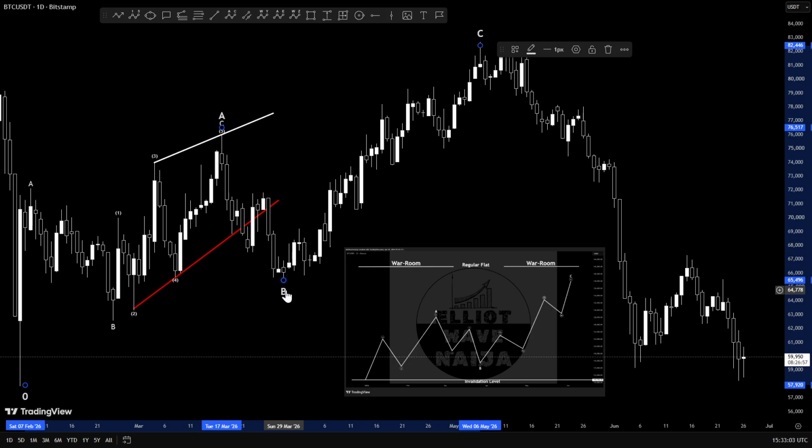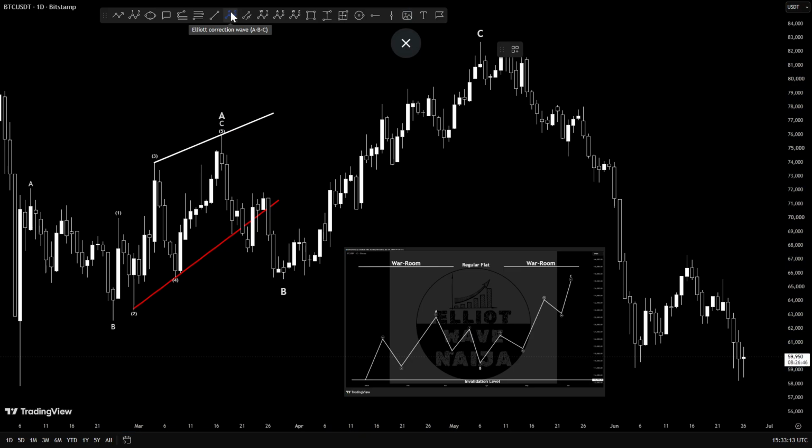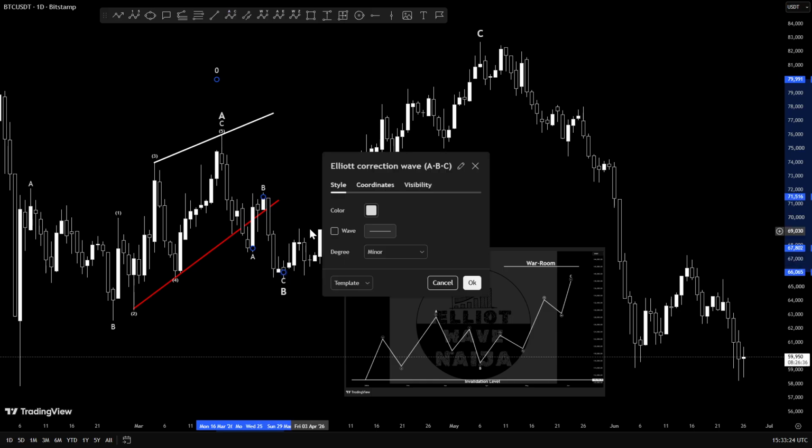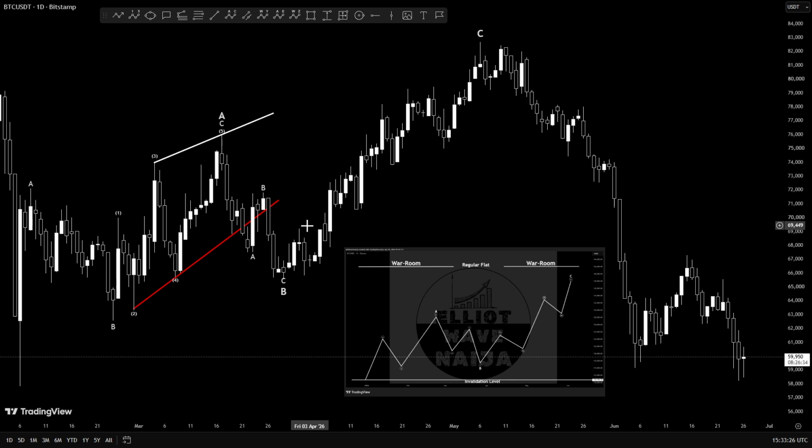We have wave B. Wave B is also a 3 corrective structure. When you look at the chart right here, 1, 2, and 3, which is A, B, and C. Now we have our 3 and 3.